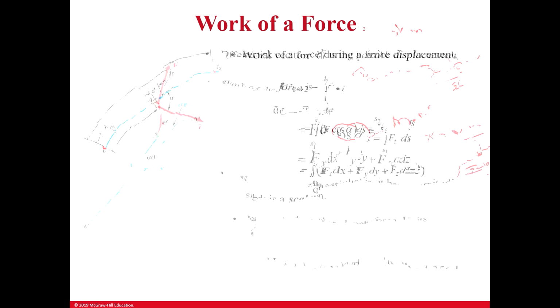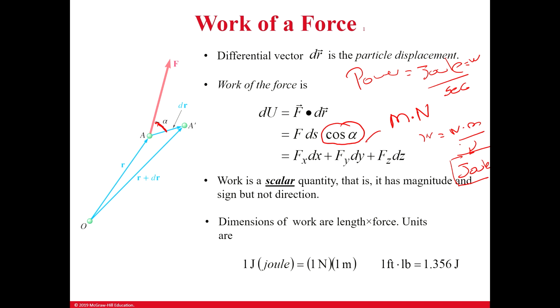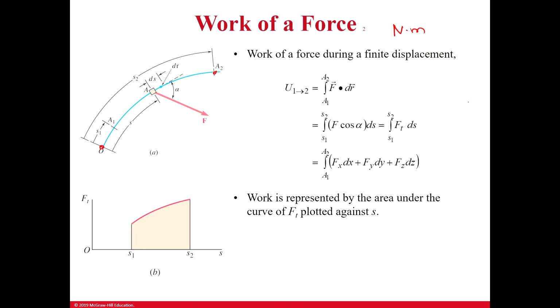As we saw before, it is the length times the force. What you have to do in this case is an integral from point 1 to point 2 of your force field times your direction. And we saw that this is given by the cosine of the angle.